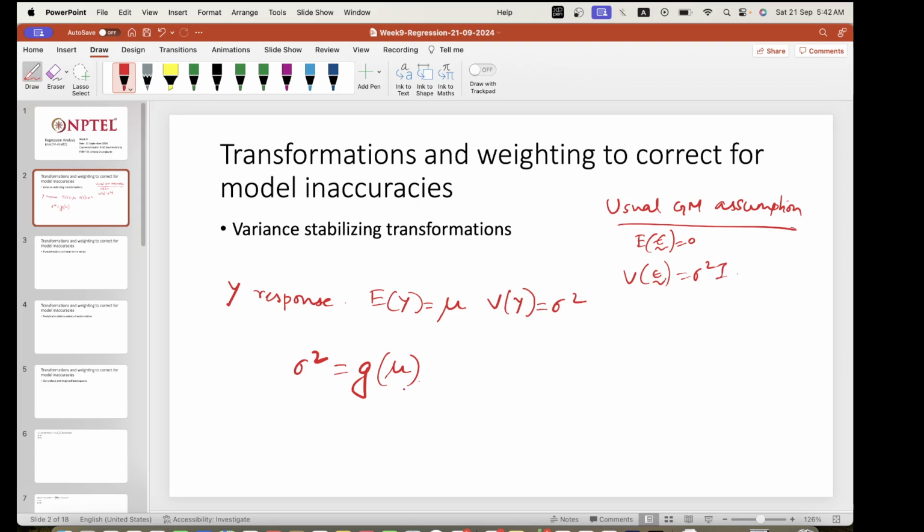In such cases we can take transformations on y that will stabilize the variance.